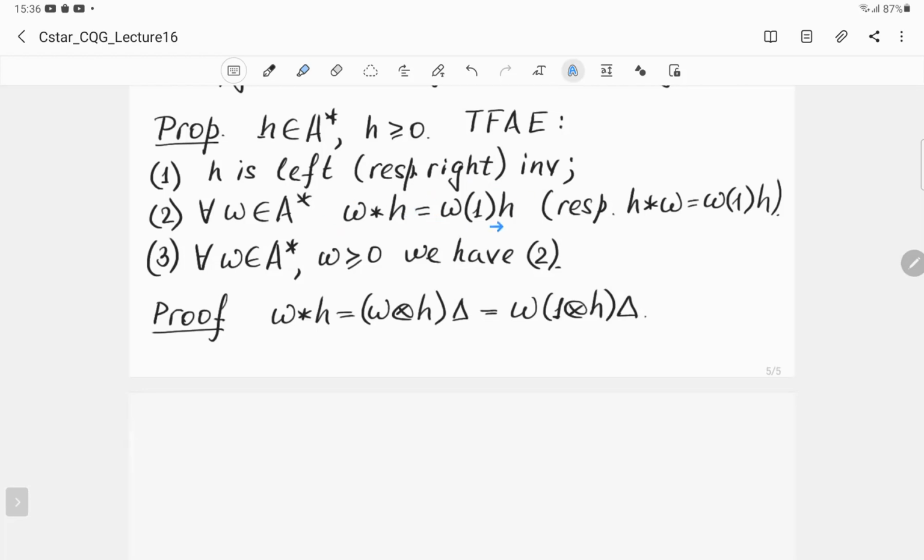And similarly to the right-hand side, omega(1)h can be written as follows. This is omega eta h. So these equalities obviously imply that 1 implies 2.